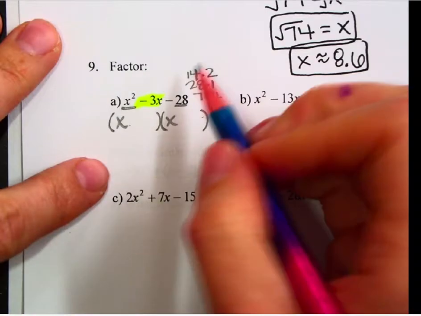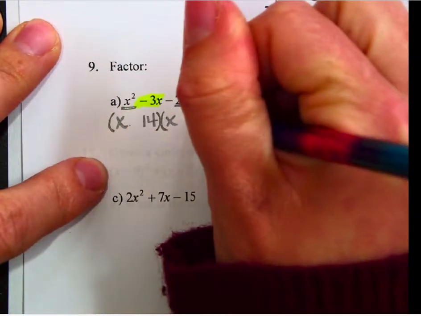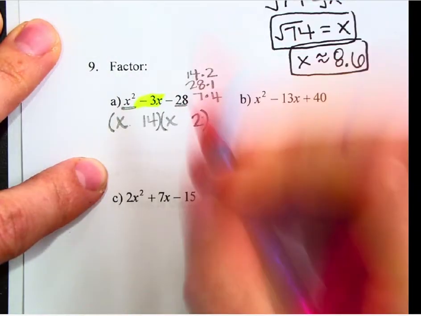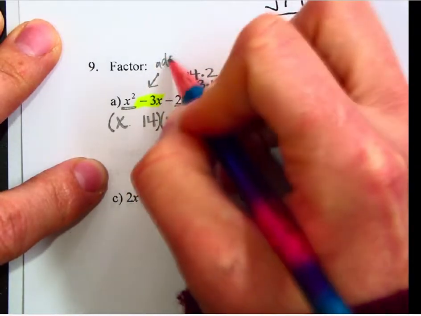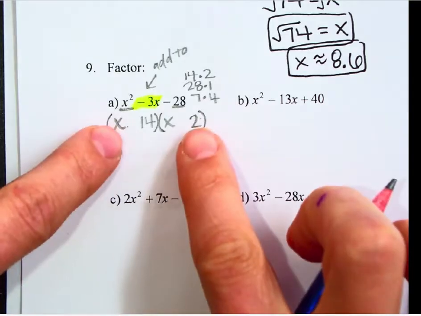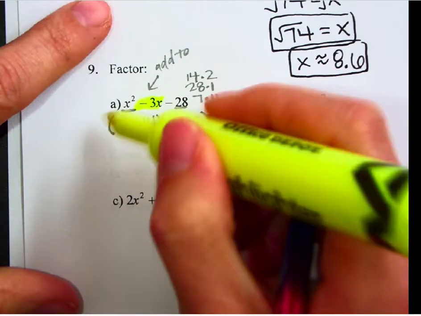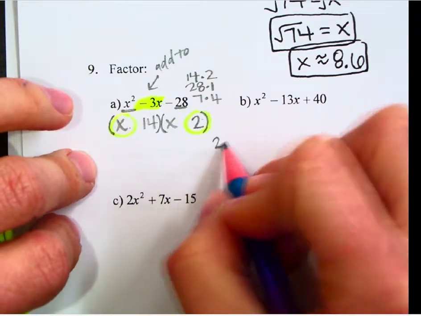So when I use my procedure, let's try 14 times 2. If I tried to do 14 times 2, this would not work because these numbers don't add up to negative 3. We're trying to add to get this number. So what you do is you multiply your outside terms inside of the parentheses. So you multiply x and 2 in this case, and we're going to write that down.